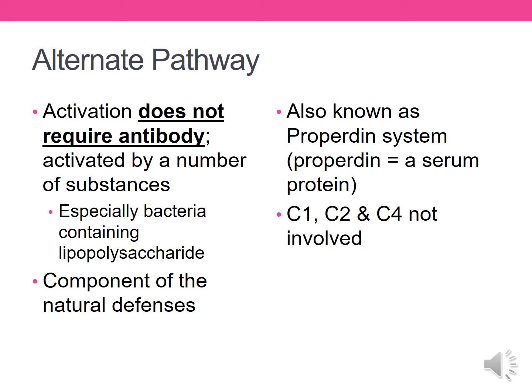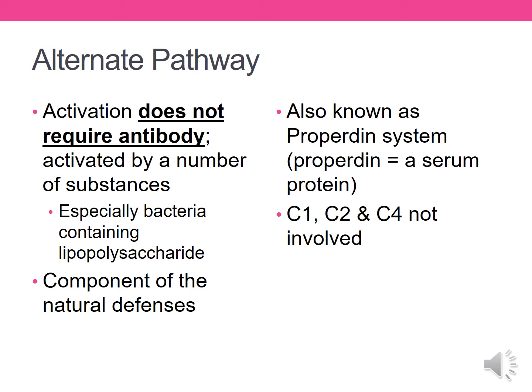This alternate pathway also has been known as the Properdin system or Properdin pathway. That term is usually not used anymore. We usually call it the alternate pathway. What's key to note about this is that C1, C2, and C4 are not involved in the alternate pathway.